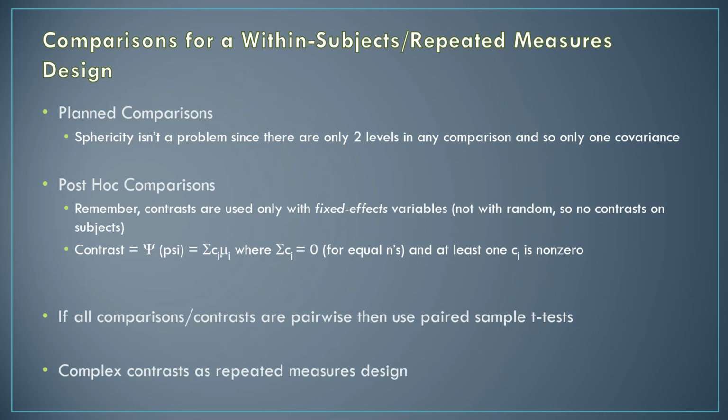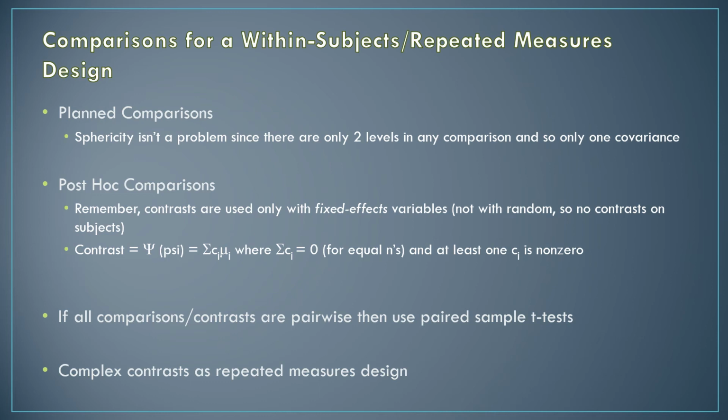Now, post hoc comparisons. If you're doing a post hoc comparison, what's happening now is you're comparing every single level of your independent variable to all other levels of your independent variable for all of your participants. And so you can only use fixed effects to be able to do this. You cannot use random.